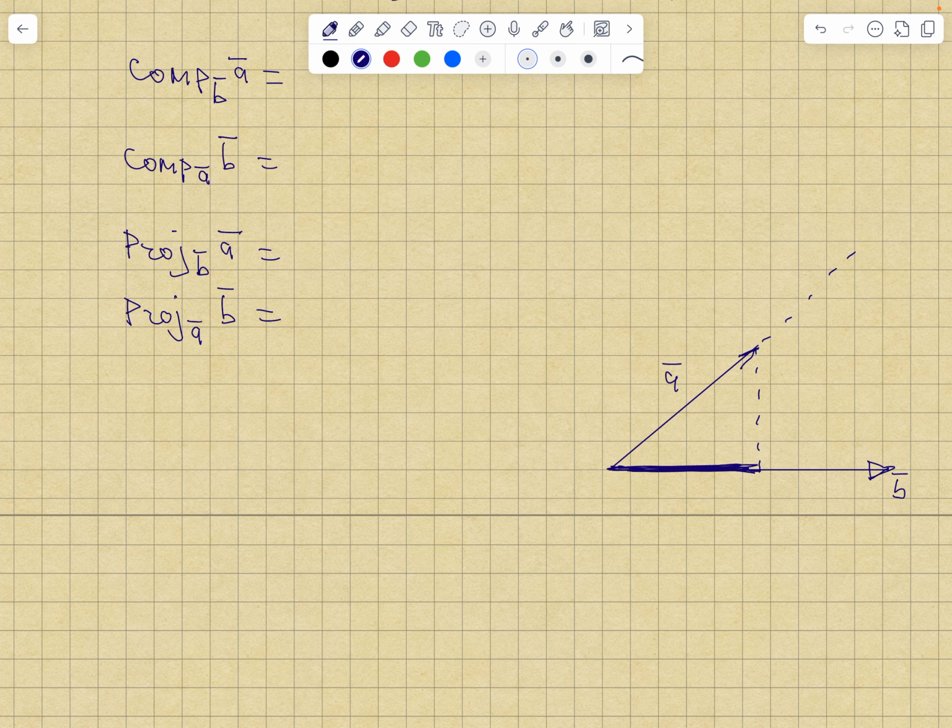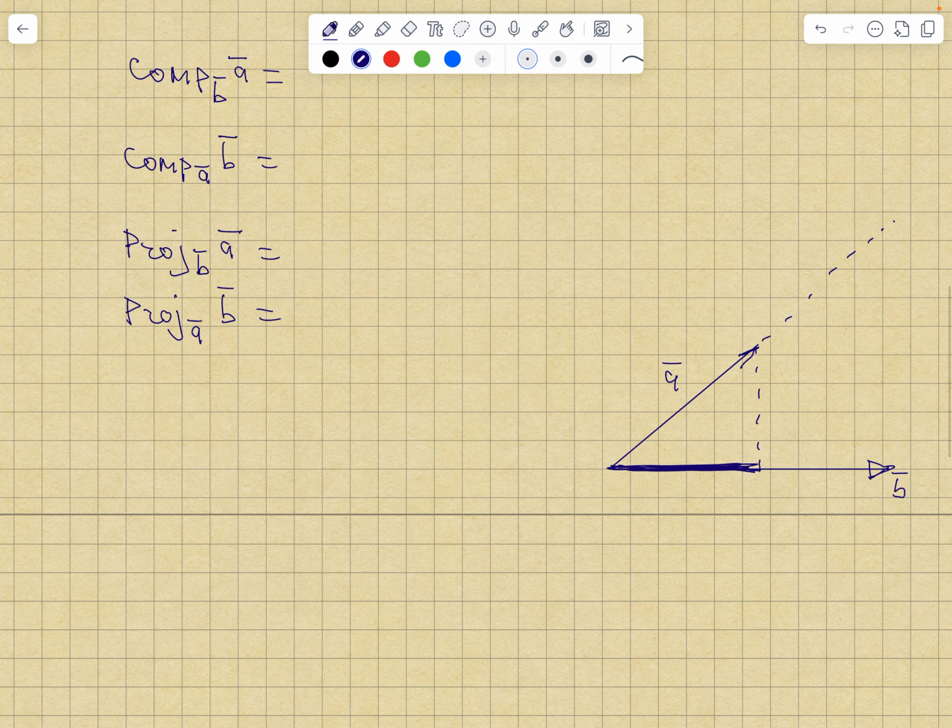But if I want to find the projection of B onto A, I have to drop a perpendicular from the tip of B onto A, and that is going to be a totally different number, right? It's going to be this length.